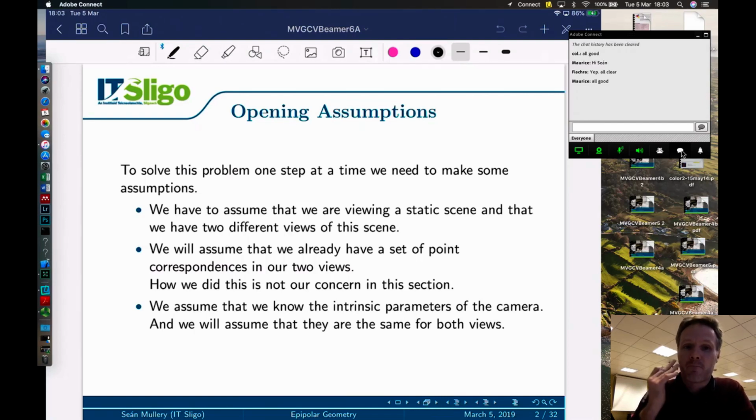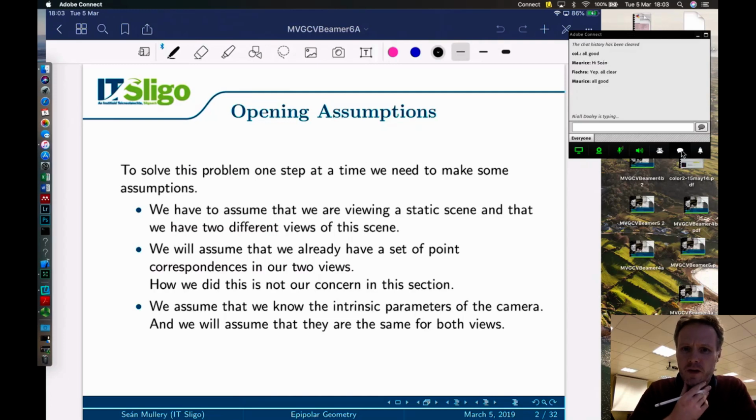That is a problem, but nonetheless we would hope that when it comes to actually being used in the real world, the time gap between each of these will be relatively small. But we start with these opening assumptions that nothing in the scene is moving; everything is static.